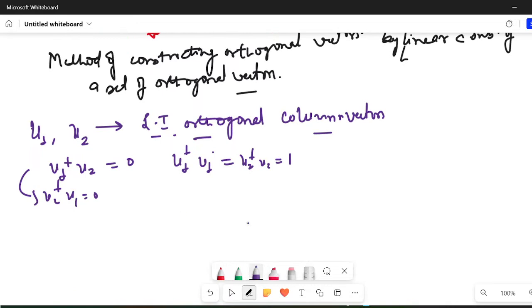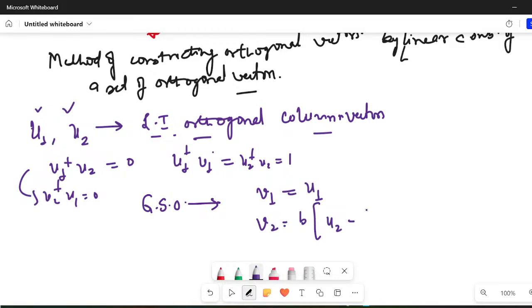Now you see, if I want to construct a set of orthogonal column vectors with the help of u1 and u2, one of the approaches is the Gram-Schmidt orthogonalization process, in which one eigenvector v1, the new eigenvector, can be written simply as u1, and another eigenvector v2 is equal to u2 minus u1 dagger u2 times u1.